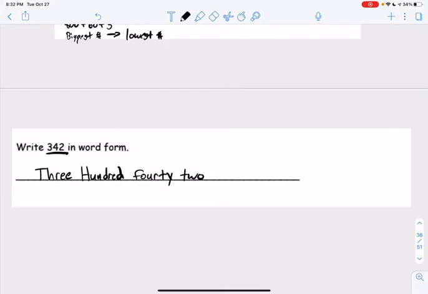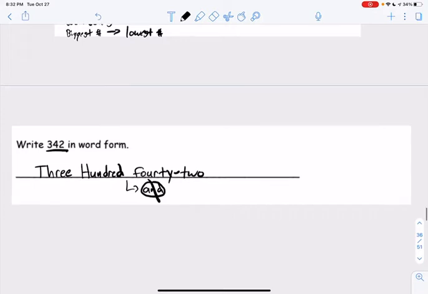We're only missing one thing, and that's a dash between 40 and 2. Notice right here there is not an and. And is reserved for decimals, which we won't even get to this year. So don't say and. It's something that happens a lot. Even Mr. Cannon says it a couple times, but he tries his best not to because it doesn't belong.